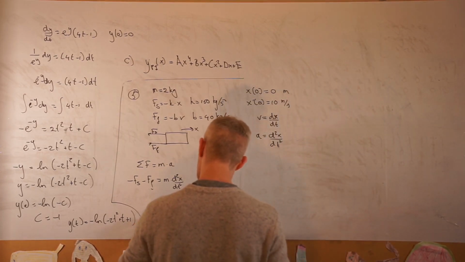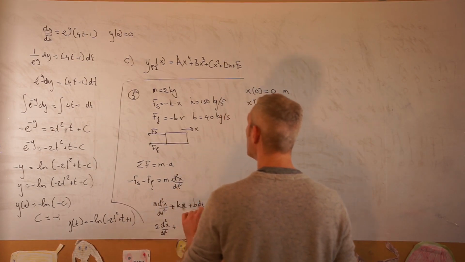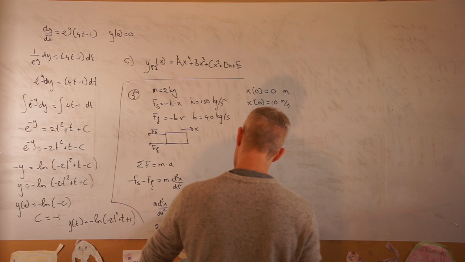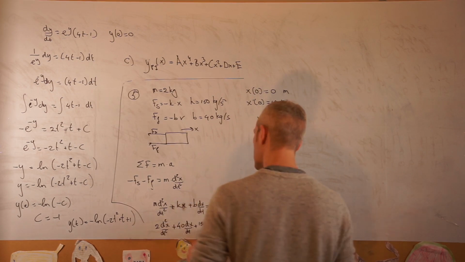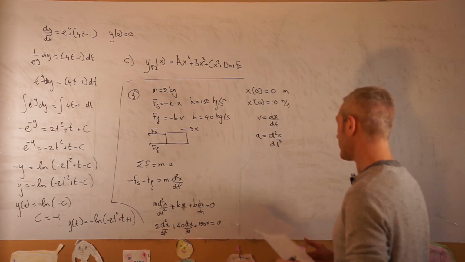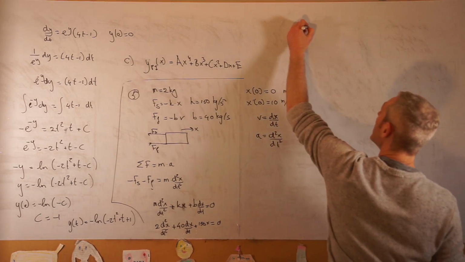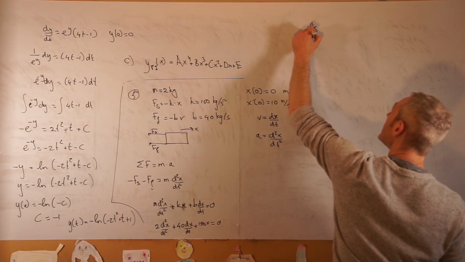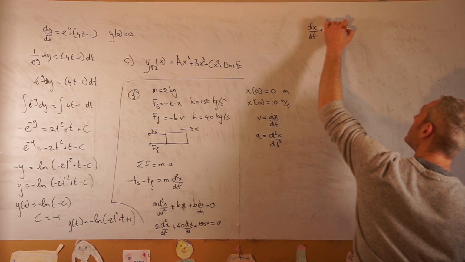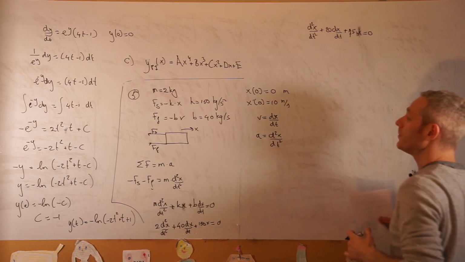So we get 2 d squared x dt squared plus 40 dx dt plus 150 x is equal to 0, and we get the differential equation by simply dividing by 2 here. And as it's equal to 0, that of course is fine. So we get d squared x dt squared plus 20 dx dt plus 75 x is equal to 0.